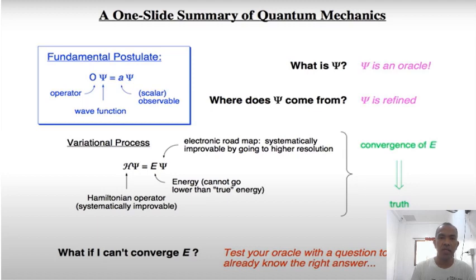We are armed with a variational principle, which says that when we apply the Hamiltonian operator to any wave function, we will never get an energy that is lower than the correct energy associated with the exact wave function.